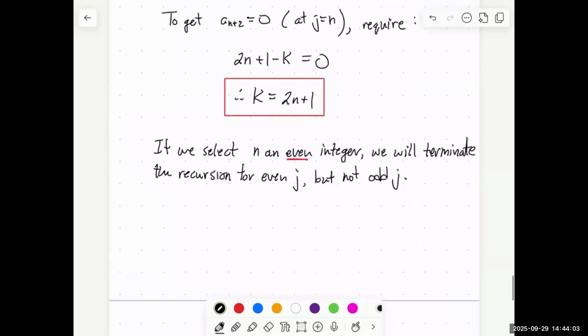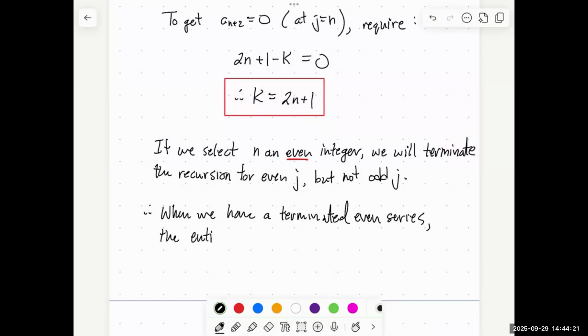Okay, so therefore, when we have a terminated even series, the entire odd series has a_j equal to 0 for all j odd.